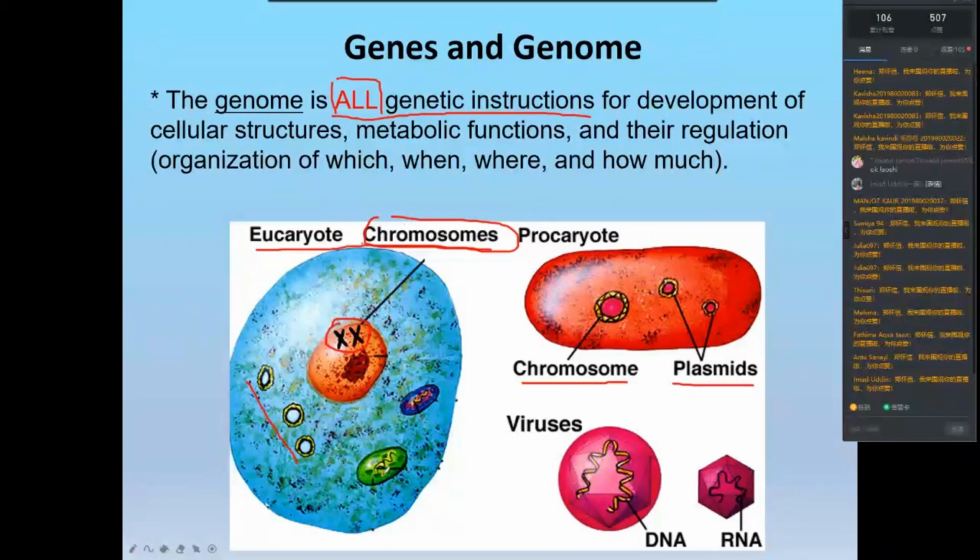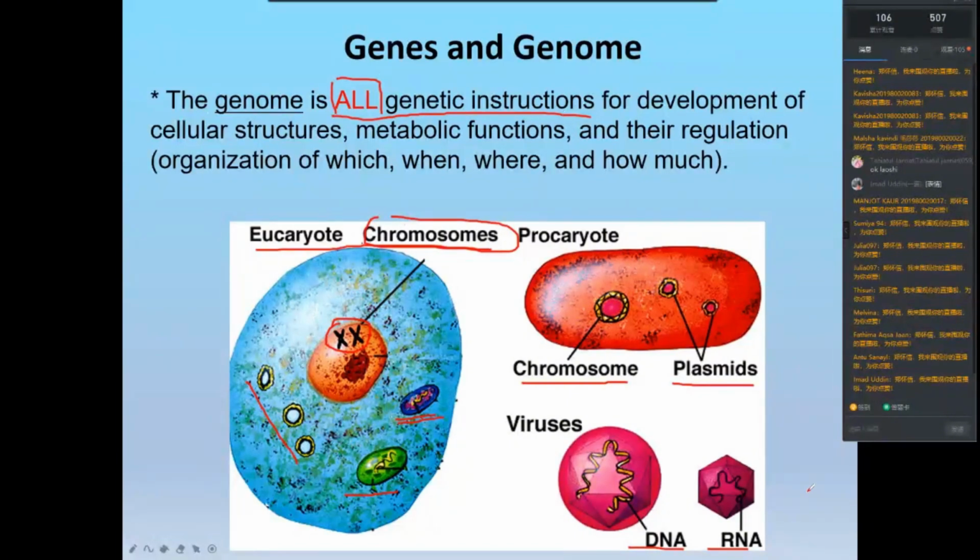And also we have mitochondria. And mitochondria also contains DNA. That's also genetic instructions. And for plant cells, there is a chloroplast. It also contains genetic instructions. And for virus, their genome might be DNA or RNA.